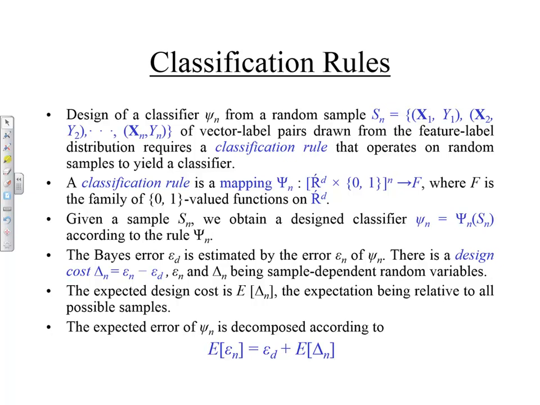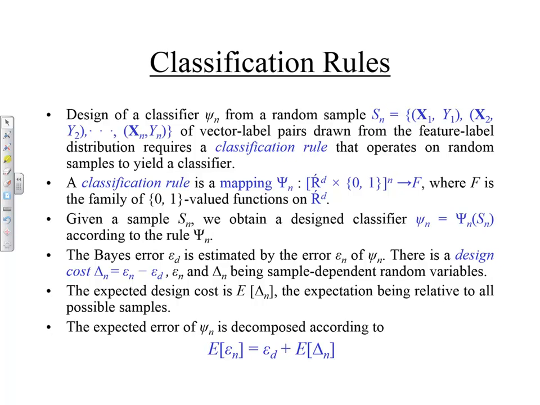So there will be some design cost, because I don't have all those probabilities. I have to estimate from the samples that I get. So epsilon n and delta n are sample-dependent random variables, and the design cost is the difference between epsilon n, the error of the designed classifier, and the Bayes error: epsilon n minus epsilon d.